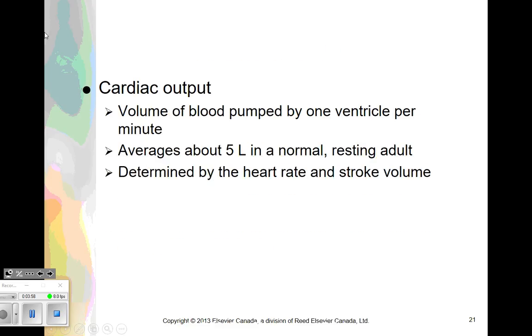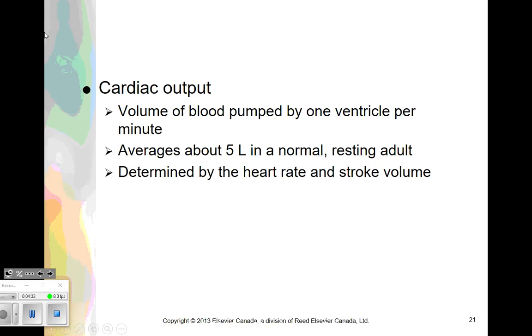Cardiac output: it's an interesting fact that most people have about 3 to 5 liters of blood in their body, and in 1 minute your heart will have pumped that many liters. So pretty much all of the blood in your body will have circulated one time through the loop in a minute. That can be affected by how fast your heart's beating. If you're a person whose heart beats 100 beats a minute, that changes some.